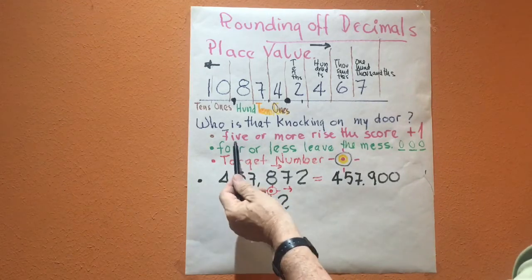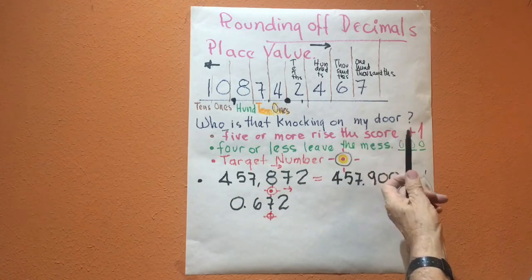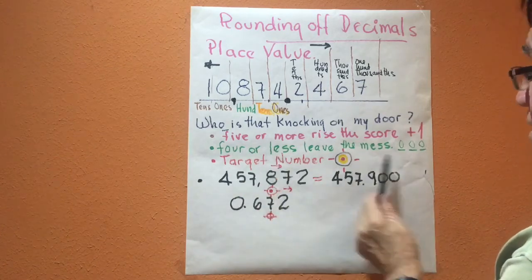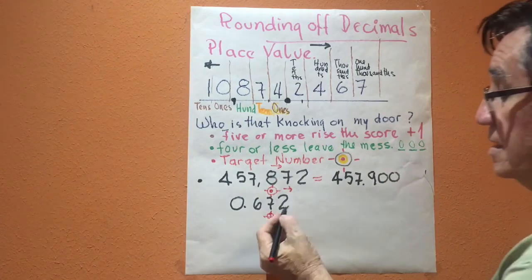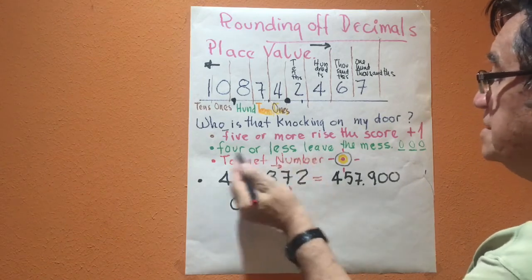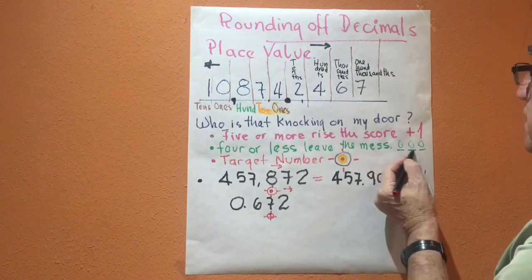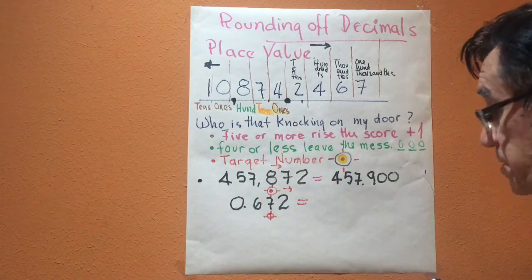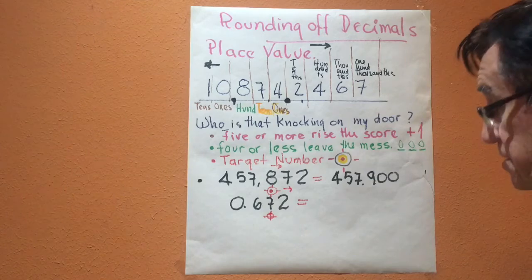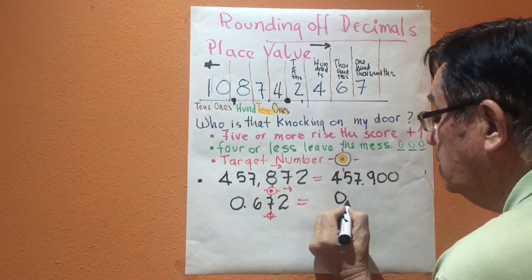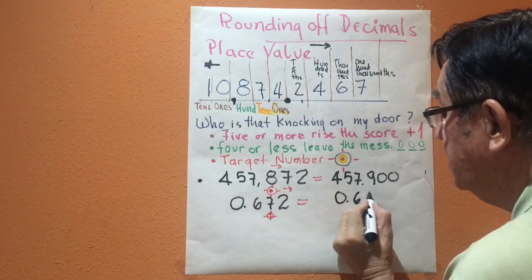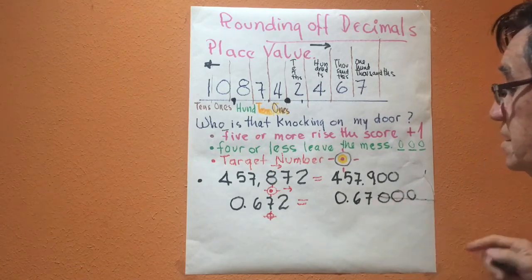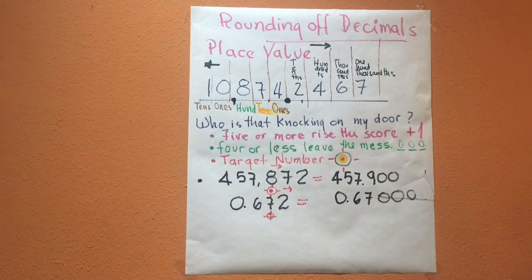Who is that knocking on my door? 5 or more, raise the score. 4 or less, leave the mess. Okay, well, 2 is less than 4. That means I have to leave the mess. That means I don't have to change anything. So my number is going to stay like this. See? It's going to be 0.67. It doesn't matter if I put zeros, it doesn't make sense. So it doesn't change. Okay?